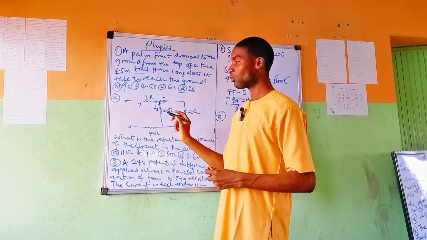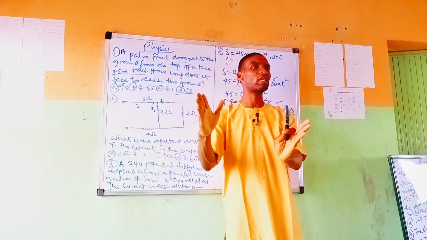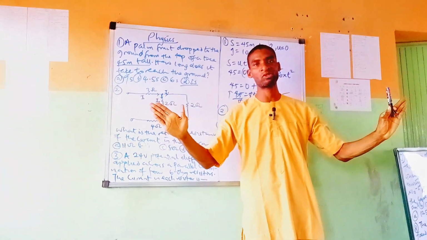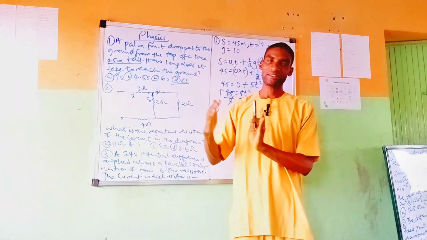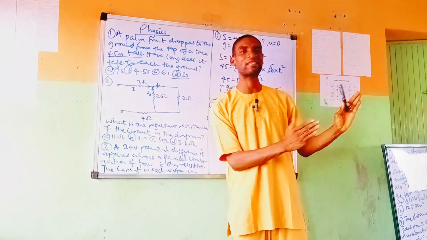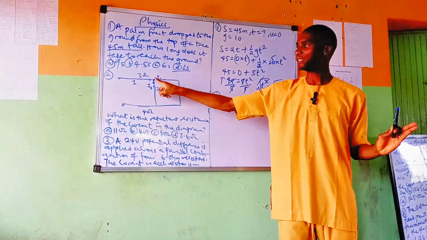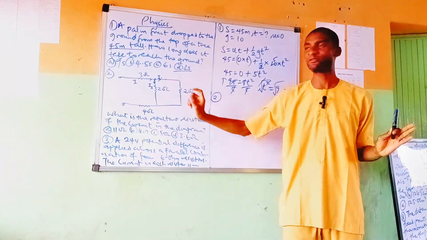Why? Because when resistors are in parallel, same voltage but different current passes through them. But when you have resistors in series, you have same current passing through but different voltage. So because they are in parallel, different current, same voltage.